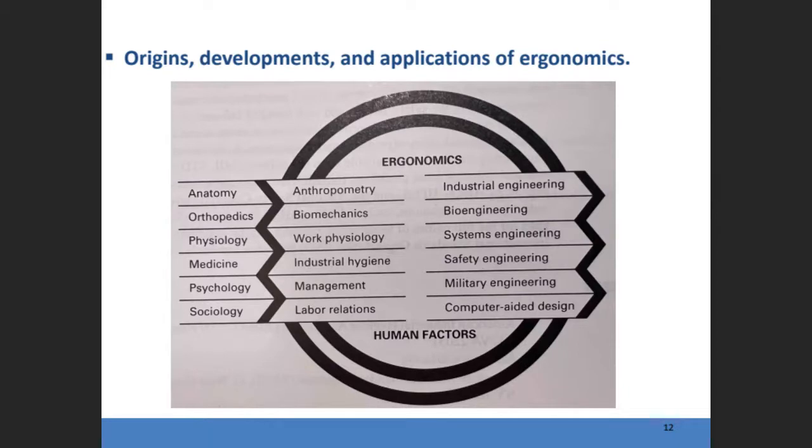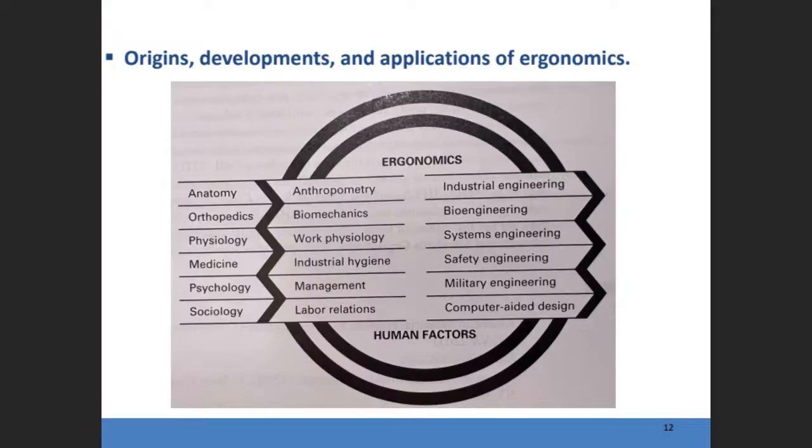The application, we see it in industrial engineering. So basically, when you measure the human body, you know how to design a facility that fits different sizes of human bodies, movement, and how it can be carried out on the work floor.